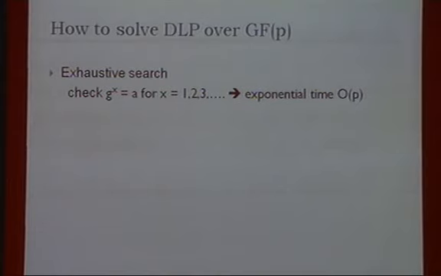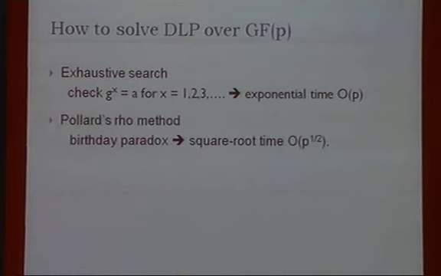So there are some algorithms. When we specify p such that p minus 1 is divisible by only small integers, then we can do something better. The most general trick which improves the efficiency of solving this problem is Pollard's rho method.